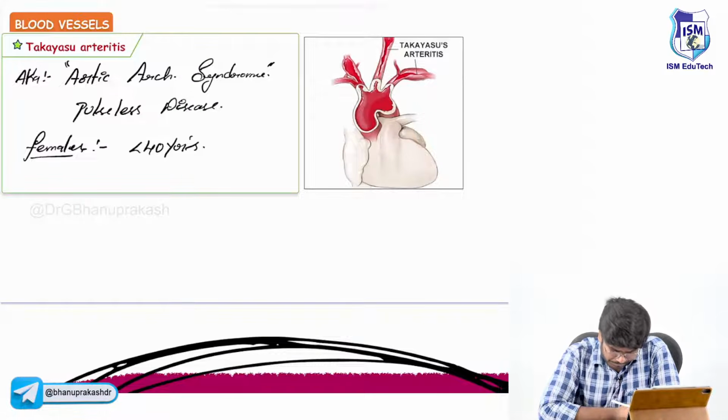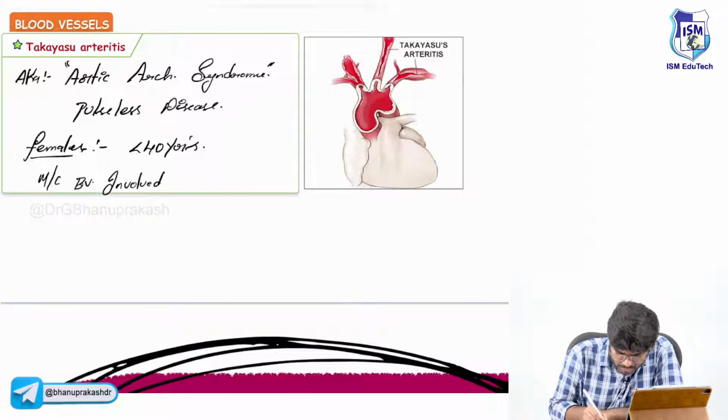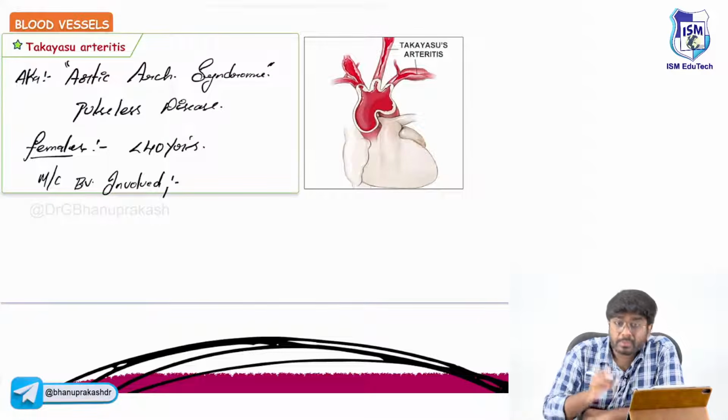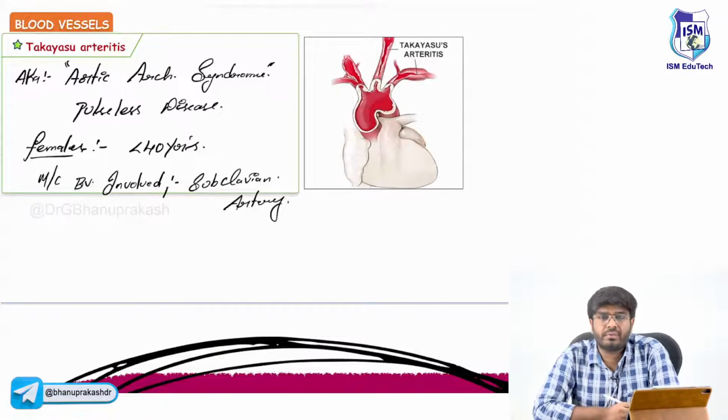Okay, so in one of the exams, this question was asked: most common blood vessel involved. They are asking the blood vessel. It is the subclavian artery. If you have to pick one single best answer, it's the subclavian artery.